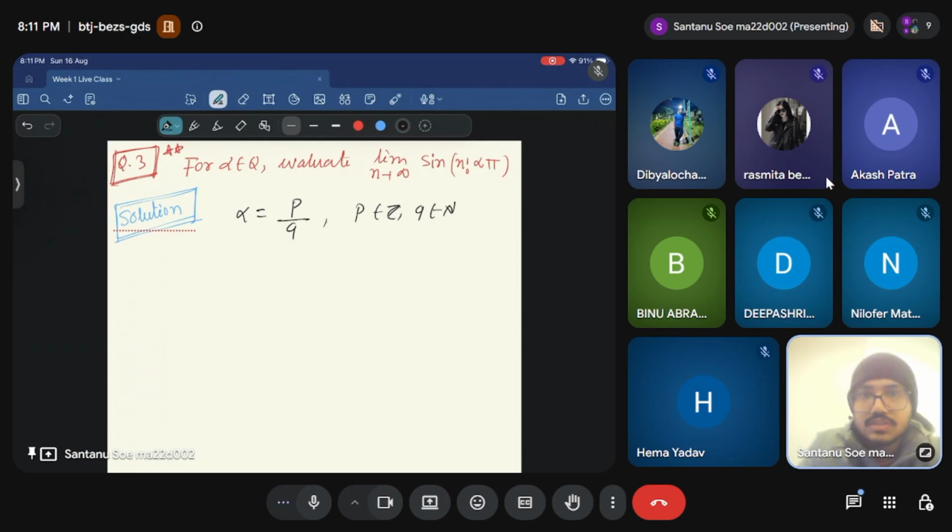Now see that if alpha is p by q, then you have to evaluate the limit of sin of n factorial p by q into pi, correct?